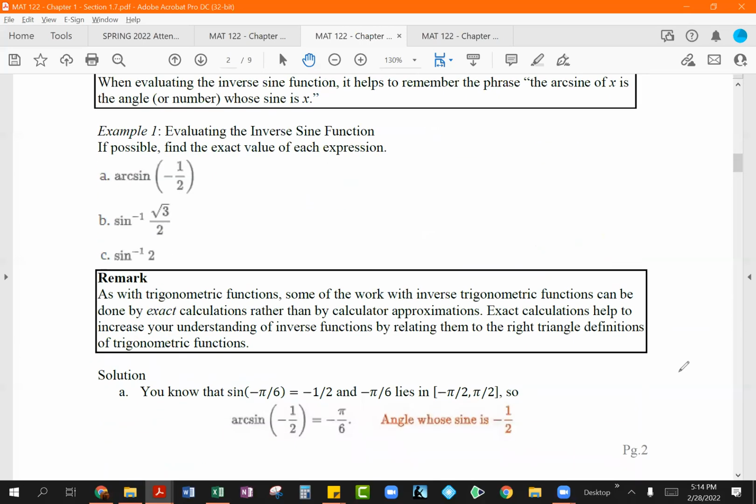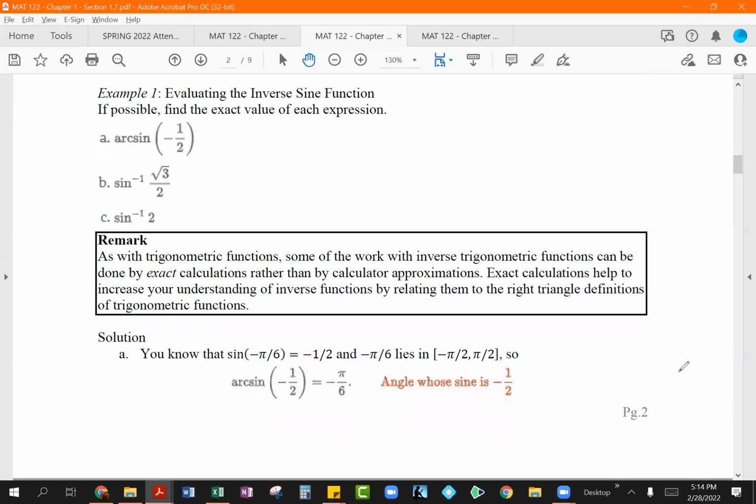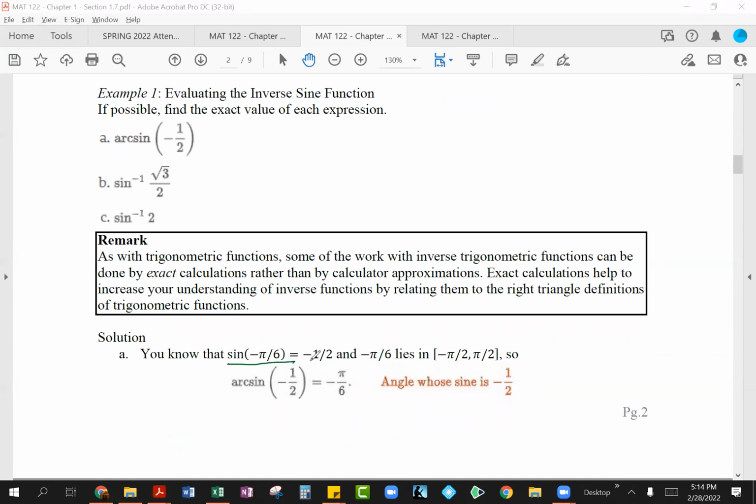As you can see, they're having us evaluate some possible answers over here. Just to go over these very quickly, they're asking us to find arc sine of -1/2, and they're using that relationship. The sine function at -pi/6 is -1/2. So when I do arc sine of -1/2, it's going to come out to be negative pi over 6.